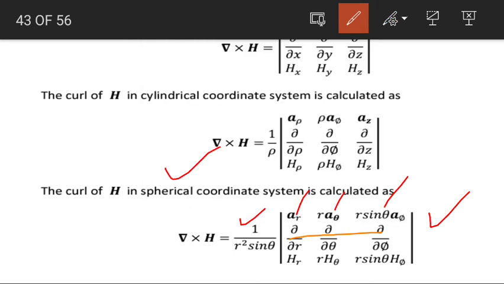In the third row, we have Hr, r H theta, and r sine theta H phi. So we use these determinants to find the curl of the magnetic field intensity in the rectangular, cylindrical, and spherical coordinate systems.